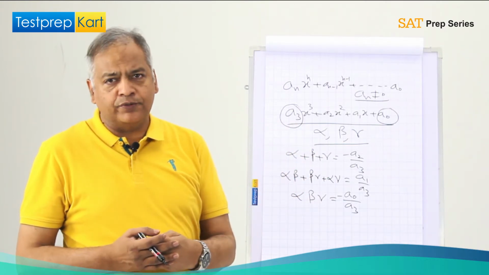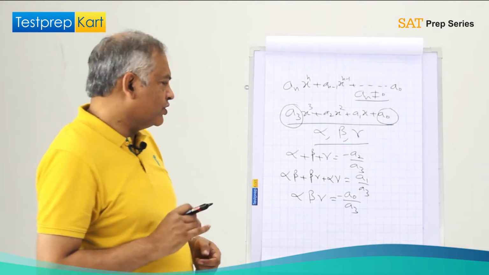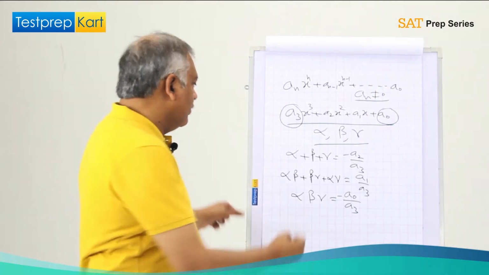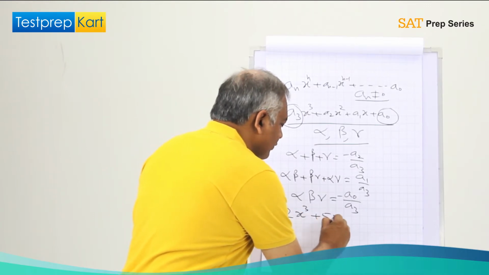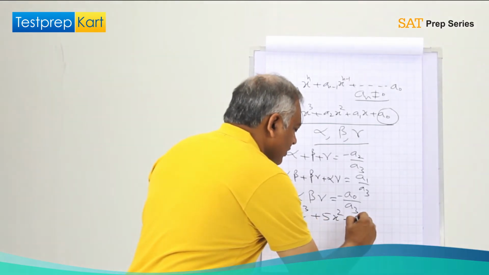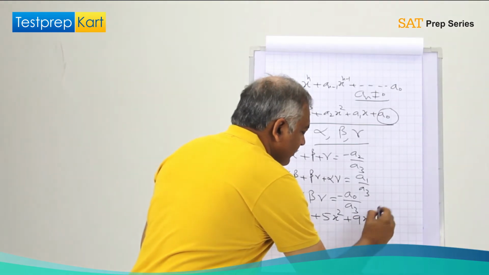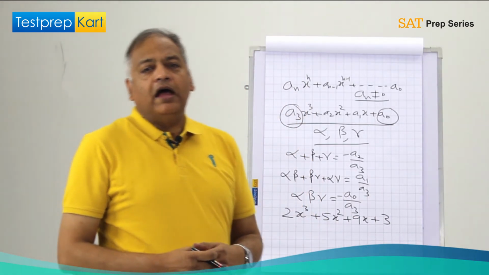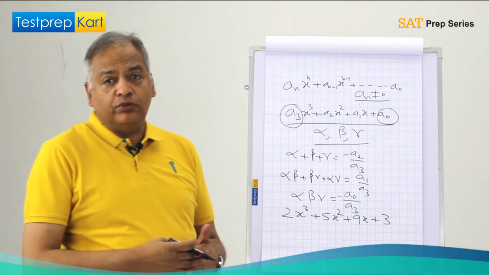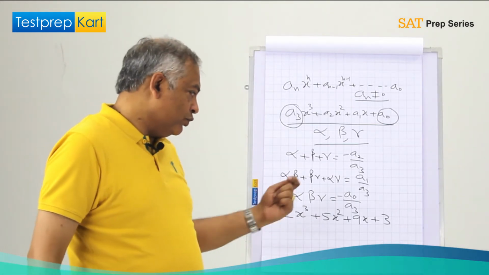Let's take a very important question here. Suppose you have 2x cube plus 5x square plus maybe 9x plus 3. Now, I want to guess the rational roots.